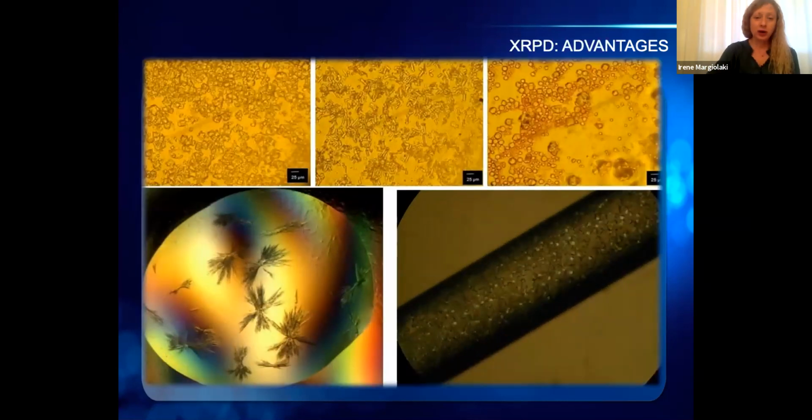So we work with many different crystal morphologies. These are needle-shaped crystals of a virus protein domain, nanocrystals, or samples that have larger single crystals, but in this case, we wanted to check the homogeneity of the sample. This is a critical parameter, homogeneity in terms of polymorphs and crystal sizes.